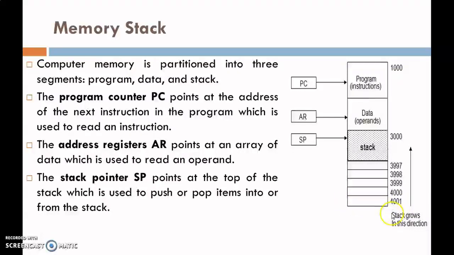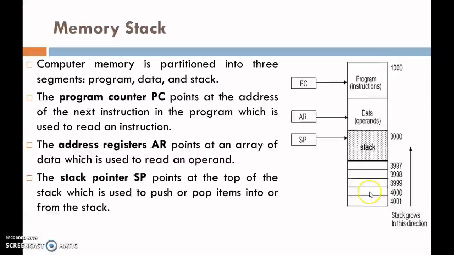For example, now I just want to store one data item. Then I have to first go to the next address, meaning 4000, which is the decremented value of the address. So in this memory stack, we first have to decrement the value of the stack pointer.